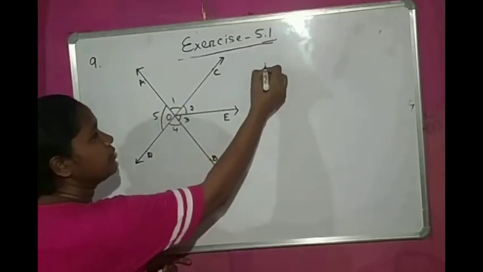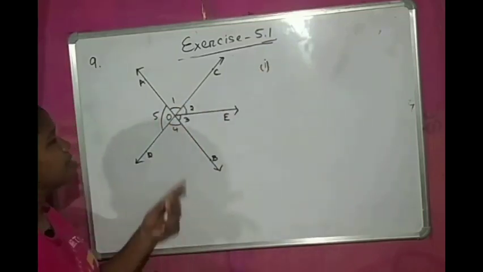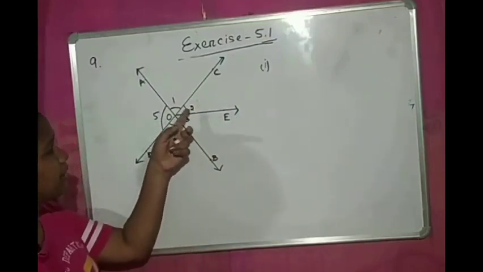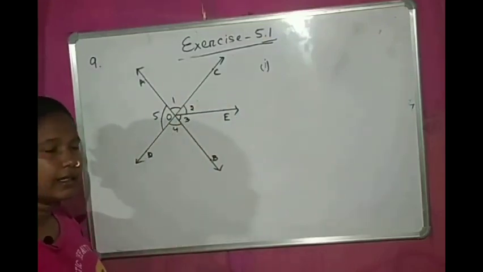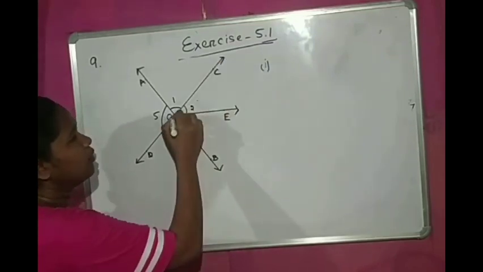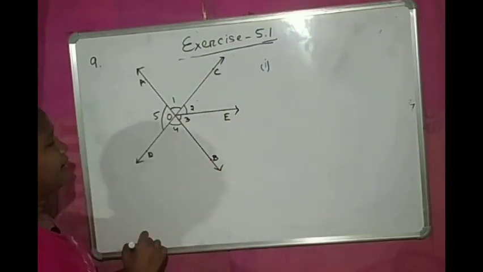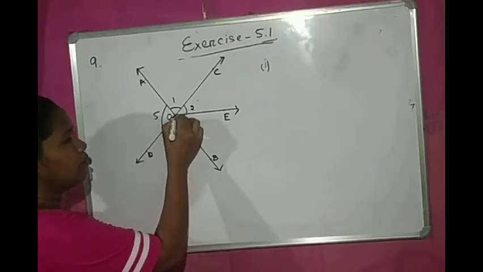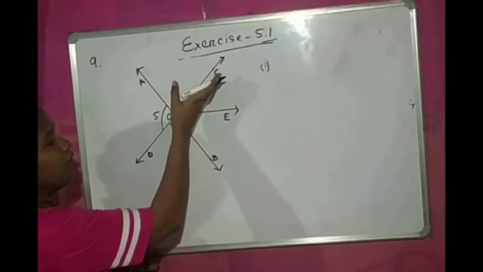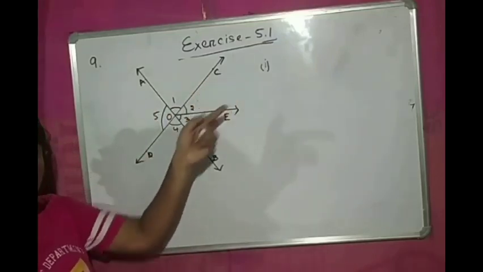Is angle 1 adjacent to angle 2? Yes, they are adjacent. Why? Because they have a common arm OC and a common vertex O, and the two uncommon arms are on the two sides of the common arm.